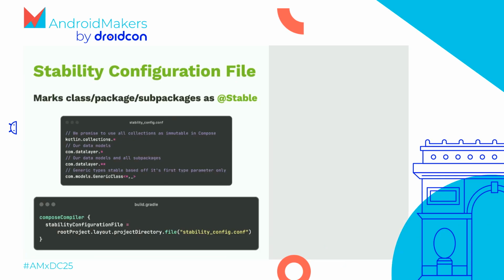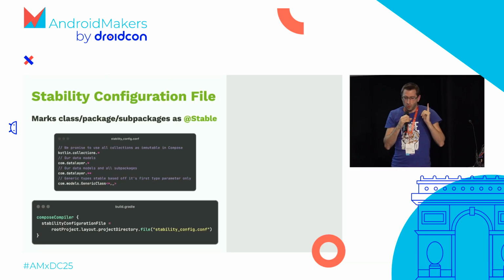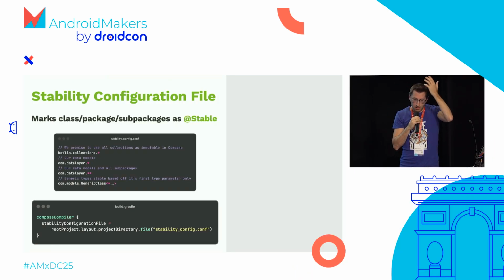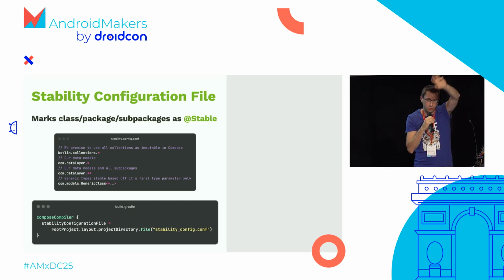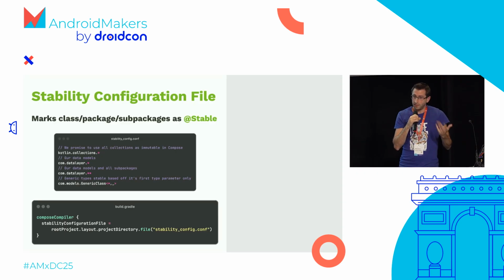There is also a relatively new solution. It's a bit older than 1 year old, but it's called the stability configuration file. It's pretty self-explanatory in the title, but it basically marks classes, packages, sub-packages, even generic parts of generic classes containers as stable. And the only thing that you have to do is create this text file called blah, blah, blah, conf, whatever you want to call it, and then start adding collections or packages or specific classes there.